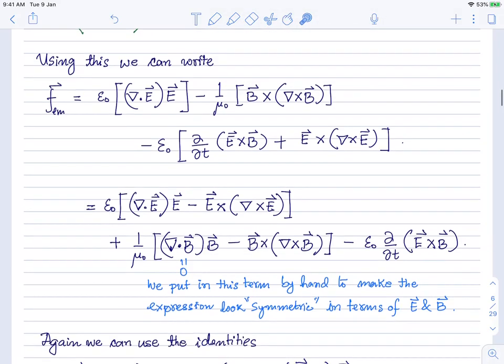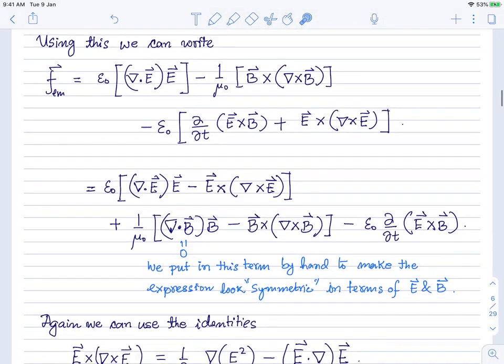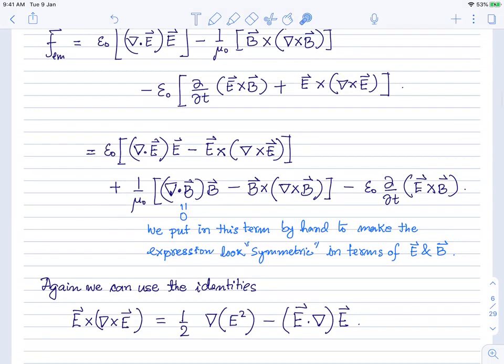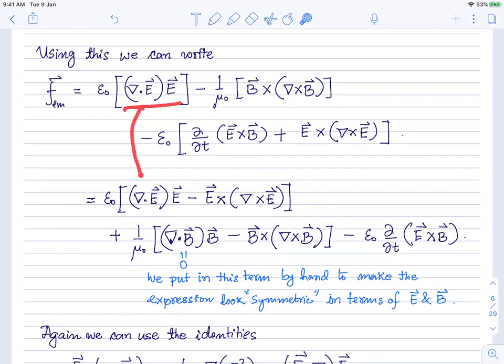Once I do that, there are lots of terms here. Of course there's ∂/∂t of E cross B, which I keep separate with the minus sign. And after that there are these four terms. There's this term, and this term, and this term. This term is not there, but as you can see, this term is there here.